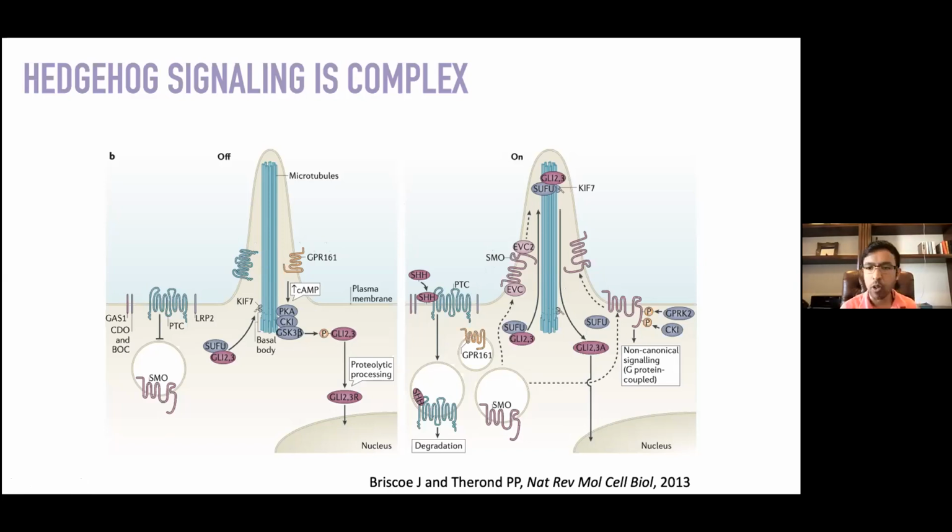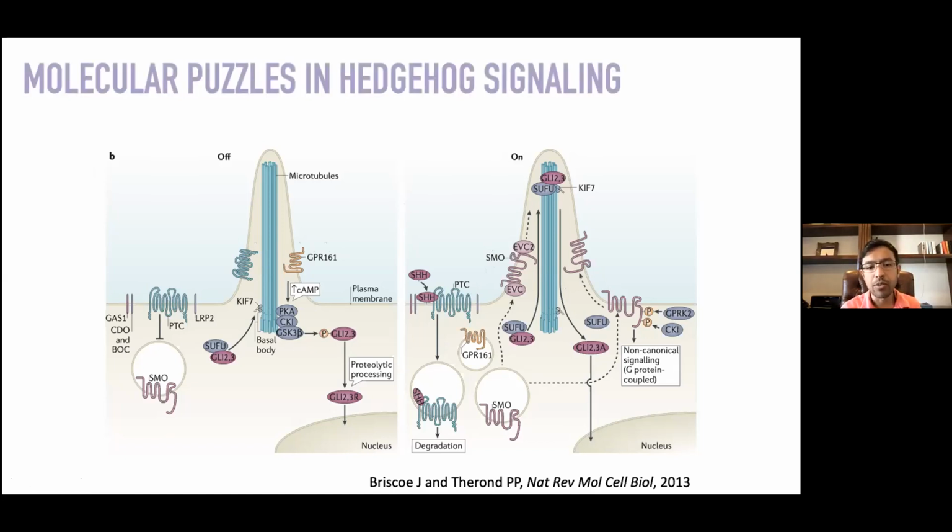But at some level, all of this is controlled by very specific molecular interactions that have to happen. So a big goal that we have is to really understand what the fundamental puzzles in hedgehog signaling are. For example, it's still not 100% clear how patched at the basal level inhibits the function of SMOOTHENED. Even the molecular function of patched, while it's been proposed that it's a transporter, we don't have incontrovertible evidence that that's truly the case.